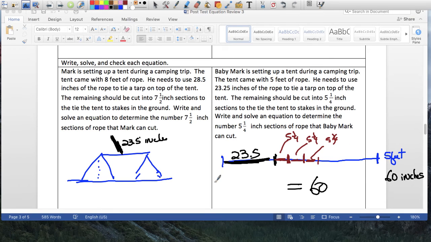So it's going to have 5 1/4, and I'm going to write that as a decimal, or you can leave it as a fraction. It's up to you. 5.25. Okay, smaller pieces. So this 60 inches is going to be 5.25 times however many pieces we can get out of it, plus this longer part, which is 23.5.